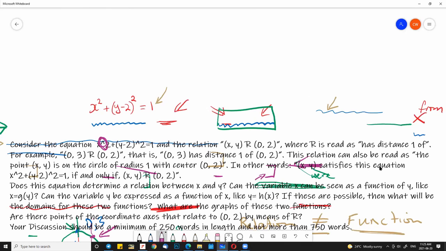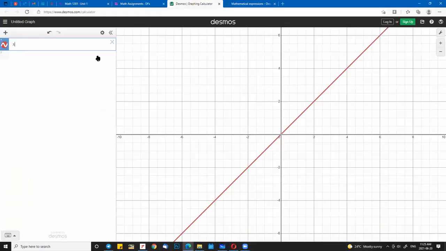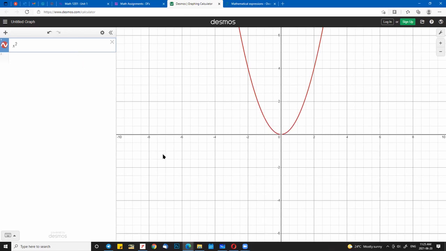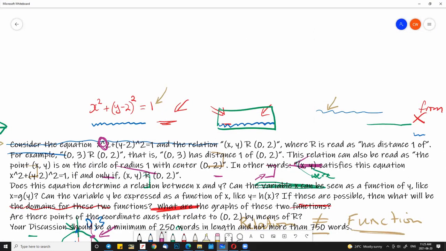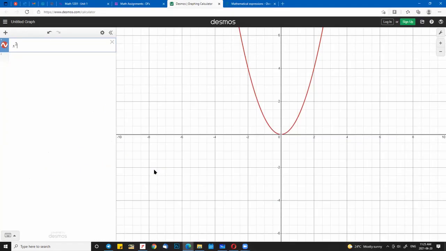You press Shift and 6 on your keyboard to go up. x squared, for those of you who don't know how to type equations in here. x squared plus y, sorry, brackets.